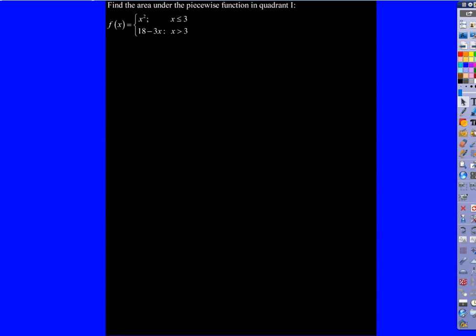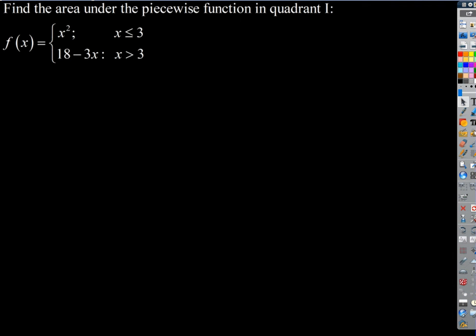Okay, so here's our function. We want to find the area under the piecewise function. Let's just use technology again.